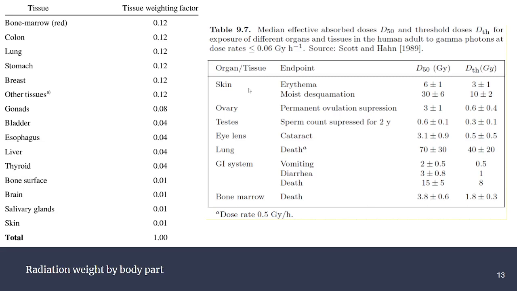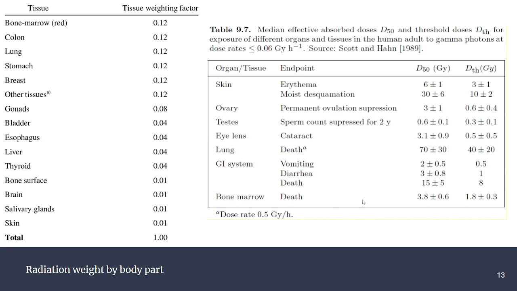And then with these dosages, there's also different D50s and D thresholds. The threshold is going to be like the minimum amount before you start seeing significant results. You can see stuff like your eyes are pretty low, your testes are pretty low, a lot lower than your skin.